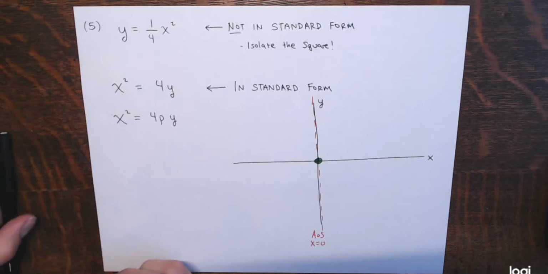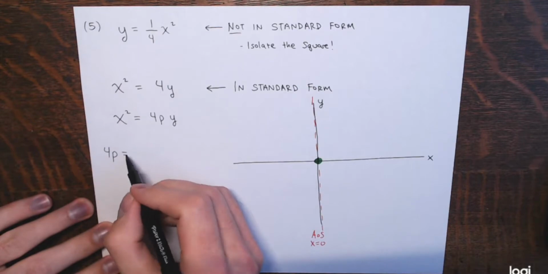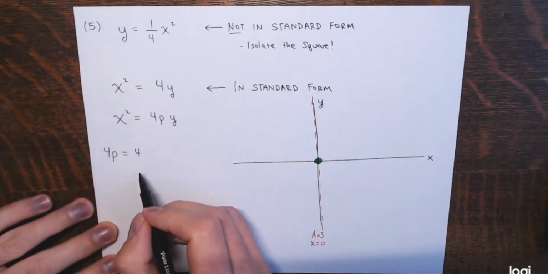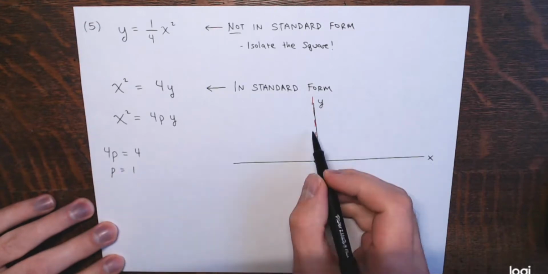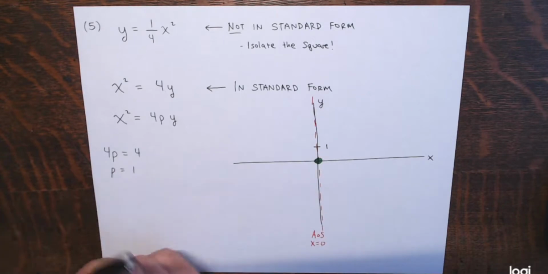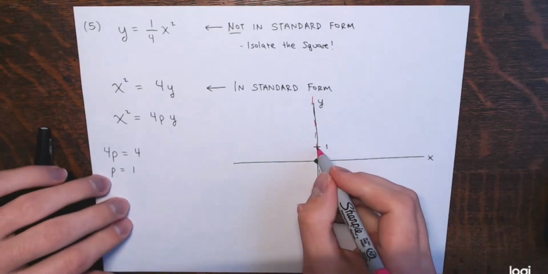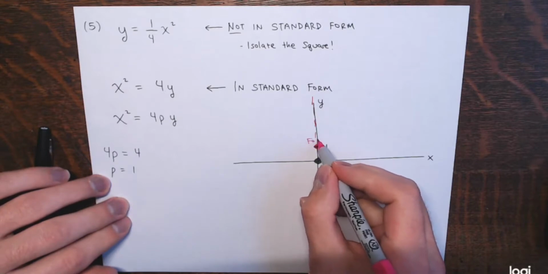The value of p this time is 1, right? 4p is just this number 4. So the value of p is positive 1. And we're talking vertical, so positive is up, right? So the focus is at the point 0, 1. Right, there's the focus.